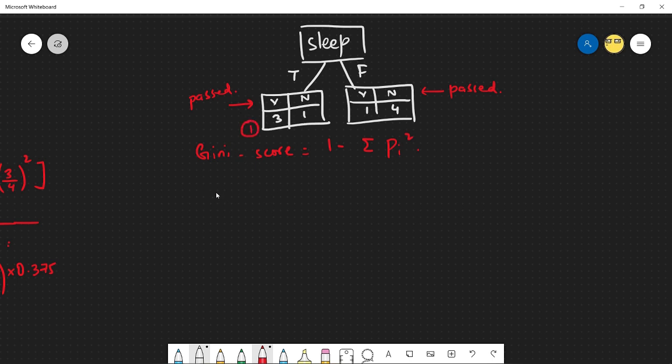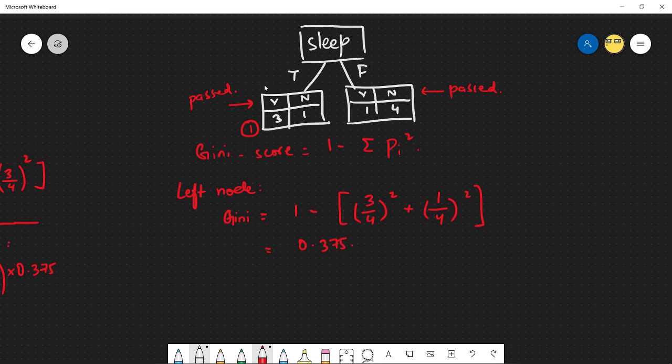So again, we'll do it for the left node first. You should get some practice by now. Do this by hand, and you'll see that the Gini score here is going to be 1 minus the sum of the probability that passed was yes, so that's 3 over the total, 3 over 4 squared, plus the probability that pass was no, so 1 over 4 squared, and you'll get a Gini score of 0.375.